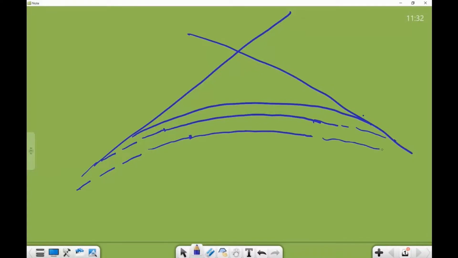Earlier this was my common tangent. Now what happens when I have a curve, when I try to connect this point and this point: this is my L2 and on this side my length of transition is L1. Both sides I have different length of transition.